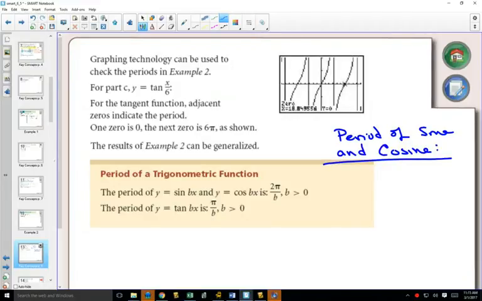Period of sine and cosine is always going to be 2 pi divided by whatever the b value is.